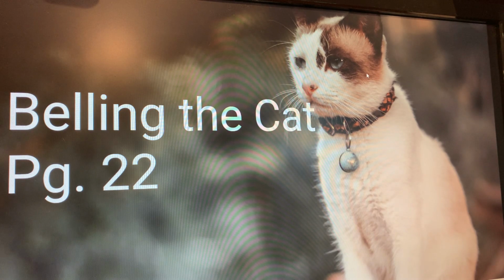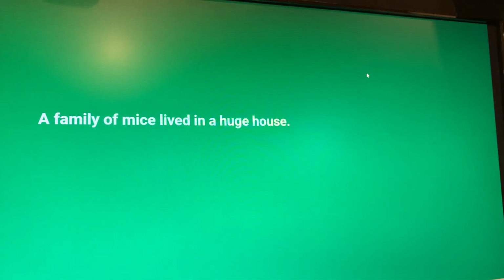All right, let's break this down sentence by sentence. Go ahead and grab your pencil and let's look at the very first sentence. A family of mice lived in a huge house. Think about the main idea, the most important words there. I'm going to suggest that you underline family, mice lived, house.